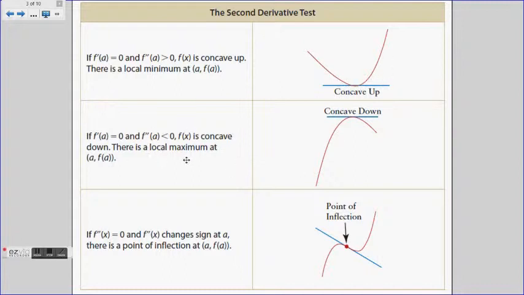If your second derivative is negative, you are concave down. If you then find your critical numbers or critical points, you can classify those critical points as being a maximum or a minimum. And if your second derivative is equal to 0, then we have an inflection point.